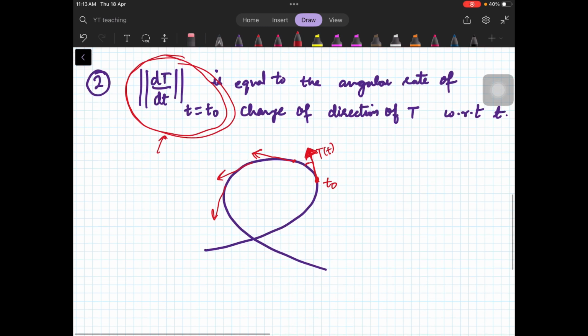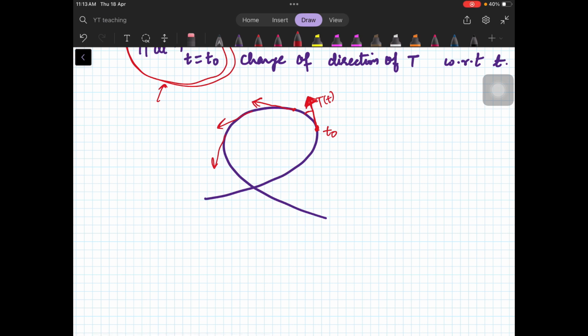If you look at point t naught, suppose this is my tangent vector, and then after some time delta t, the tangent vector changes. Suppose this is my new tangent vector. We can always make them coincide by joining the tails.